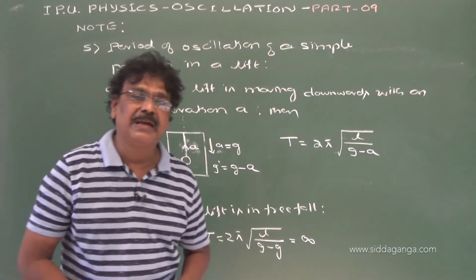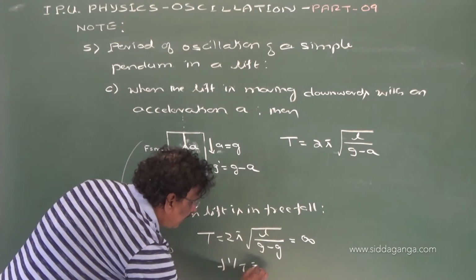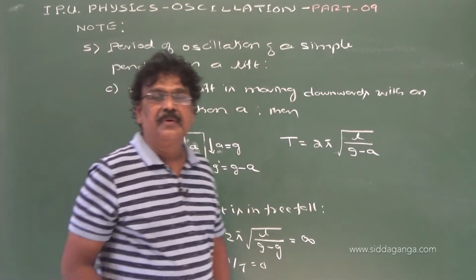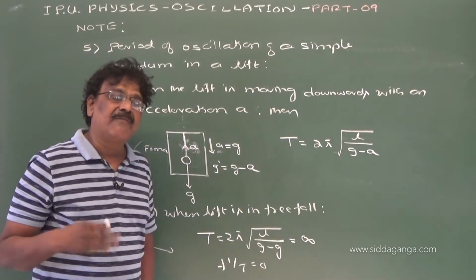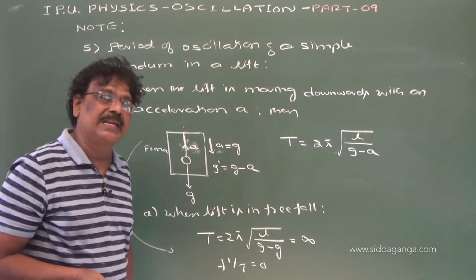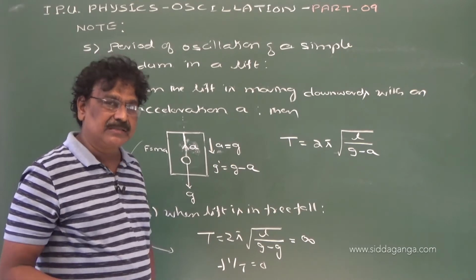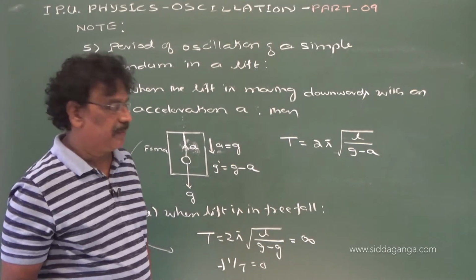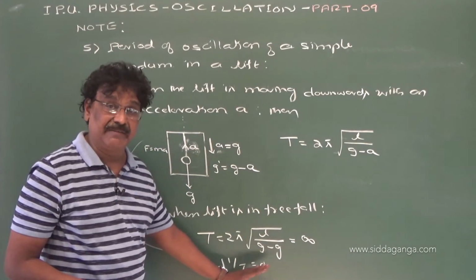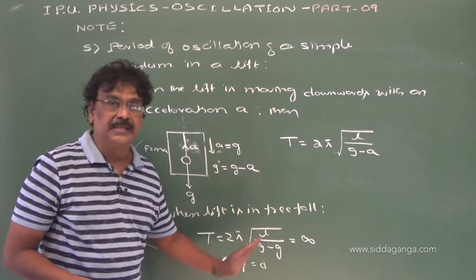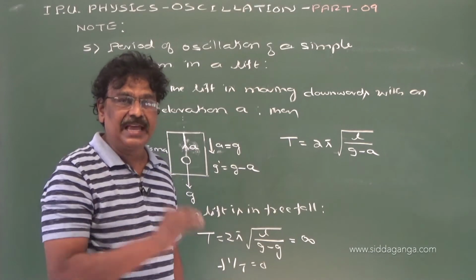The time period becomes infinity means frequency, which is equal to 1 by T, is equal to 0. Frequency equal to 0 means the number of oscillations executed per second is 0. That means the simple pendulum is not vibrating, because its period becomes infinity and frequency becomes 0. This is the period of oscillation of a simple pendulum in a lift.